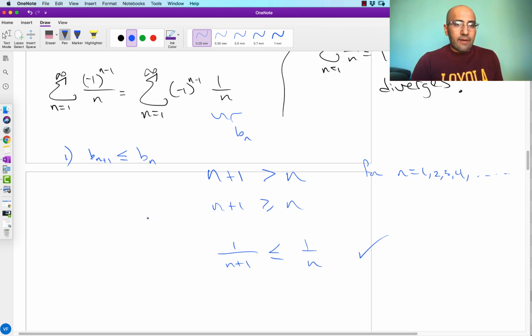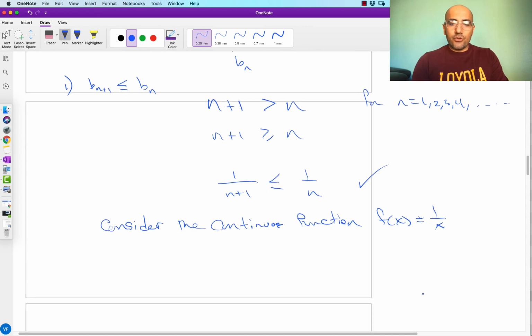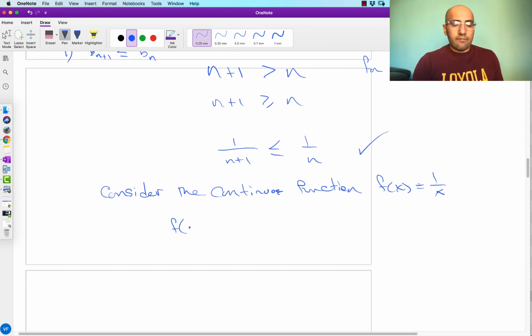So that's option 1. Option 2 would be to consider the continuous function f of x equals 1 over x, right? In this case, it's true that f of n equals 1 over n, right?